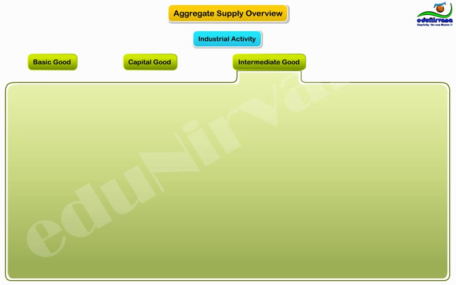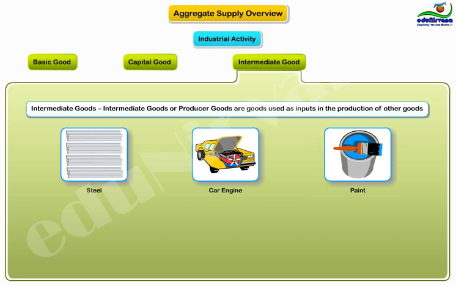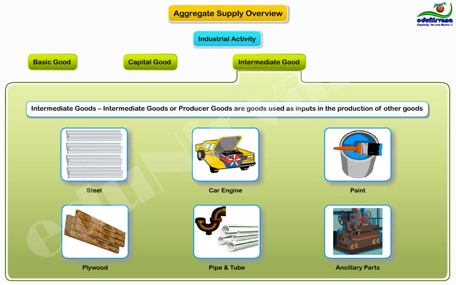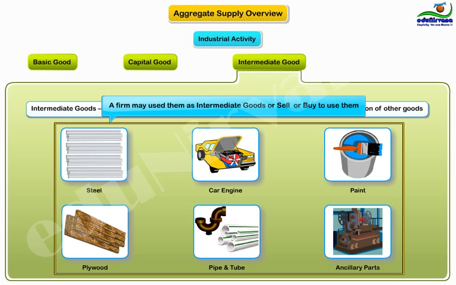Intermediate goods. Intermediate goods or producer goods are goods used as inputs in the production of other goods, such as partly finished goods. Also, they are goods used in production of final goods. A firm may make them and use them, or buy them and then use them.